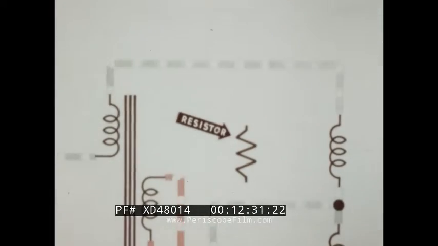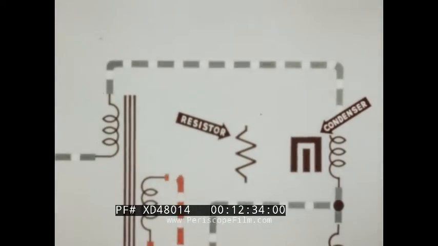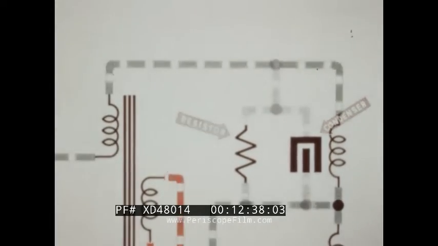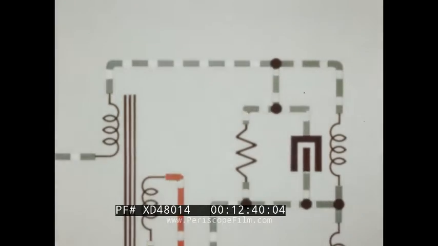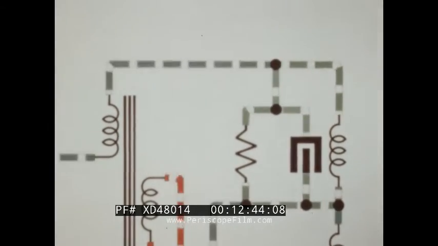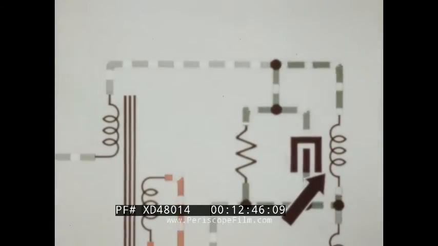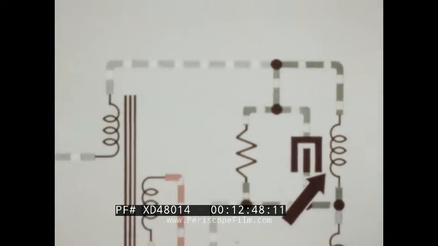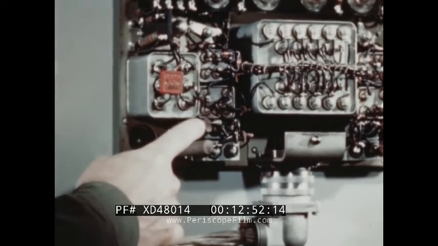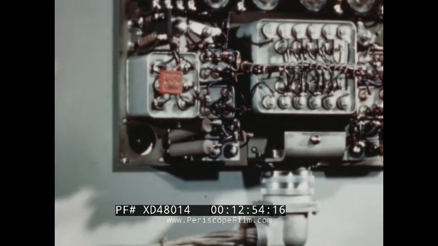A protective resistor and condenser connected across each field coil will charge and discharge with these pulsations, thus giving an effect of a steady current flow through the field coil. These condensers and resistors are located in the lower corner of the servo-amplifier.